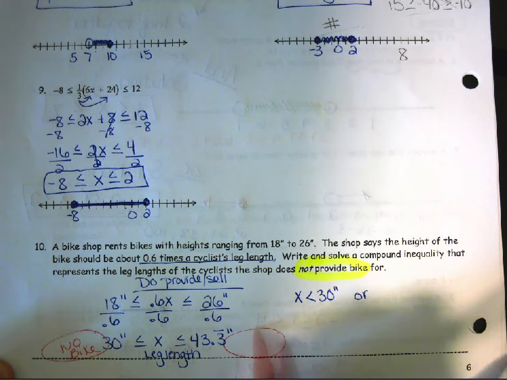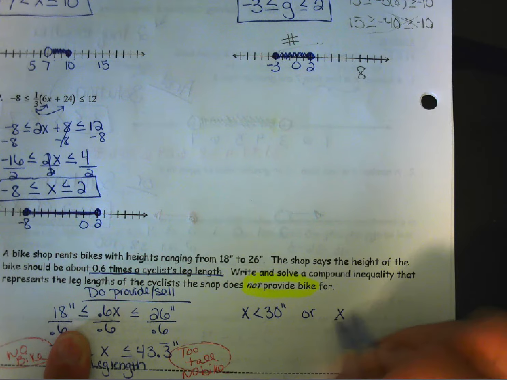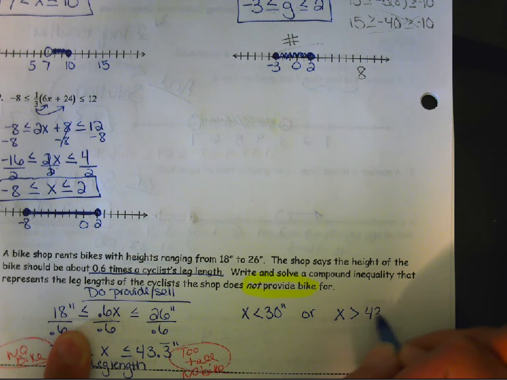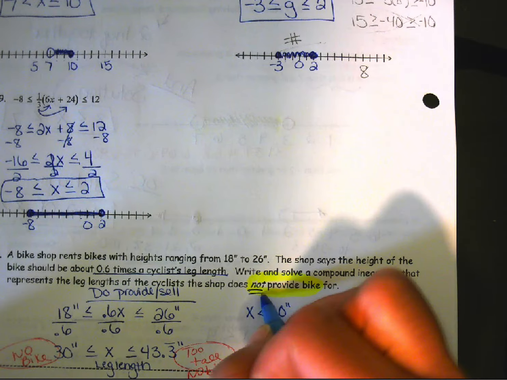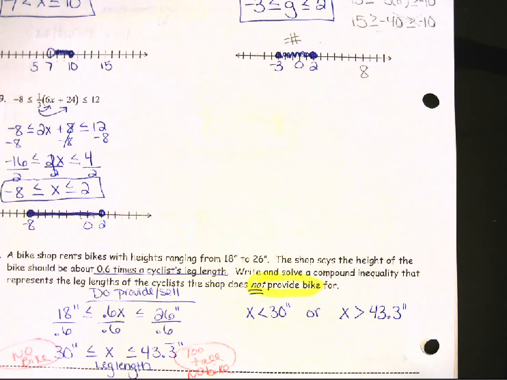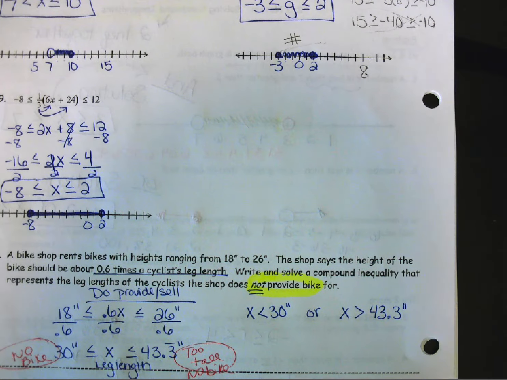See how it says x is less than? So we just switch it. So we're going to say x is greater than 43.3. These are the people that it does not provide for. Again, that is just a little application just to kind of show you where a compound inequality might be used in real life. But that concludes lesson 2.5.